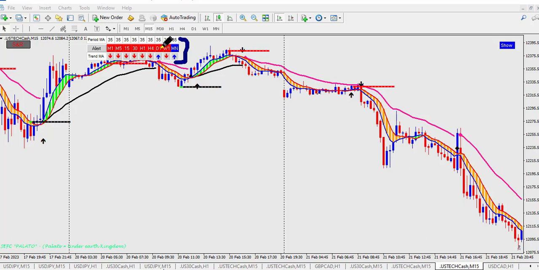But for this particular strategy, you can either use D1 if you want to trade on 15 minutes, and you can use H1 if you want to scalp on lower time frame. But on this particular tutorial, I'm going to use D1 and the M15. Once they're in agreement, I'm going to trade in the direction of that trend alone.